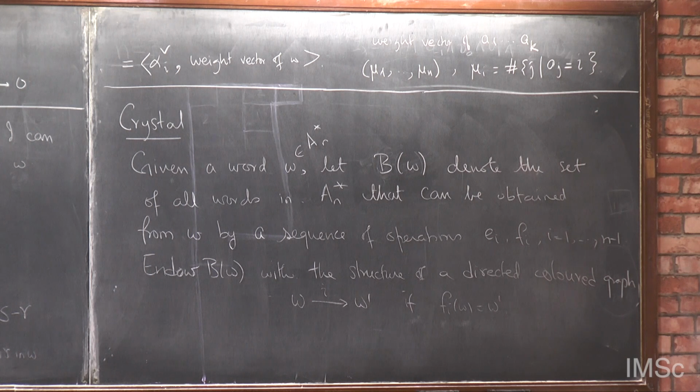Right now, it's just a set. Give it more structure, and then with that structure, it's called a crystal. So when I say two crystals are isomorphic, I would say not only are those two sets bijective, there exists a bijection between those two sets, which preserves these directed edges and their labels. So that would be the notion of crystal isomorphism.